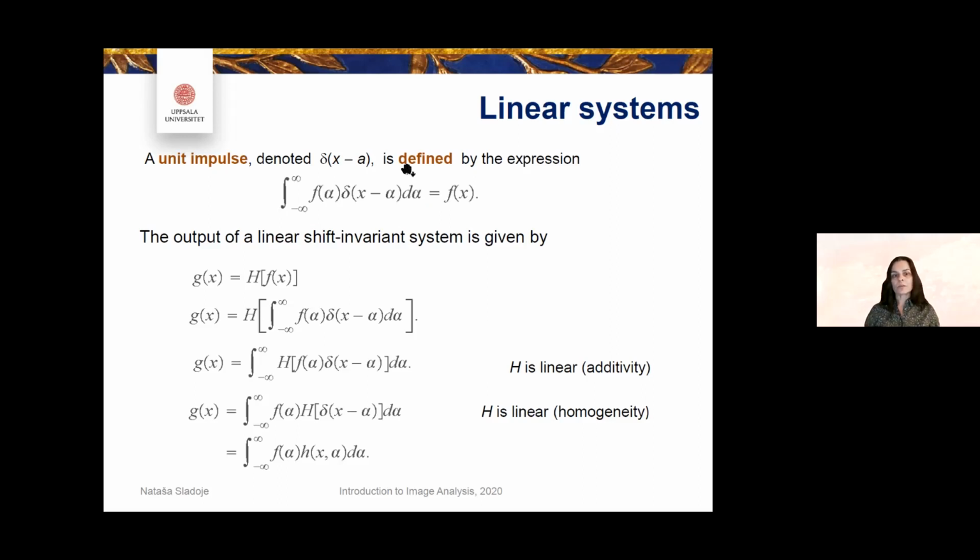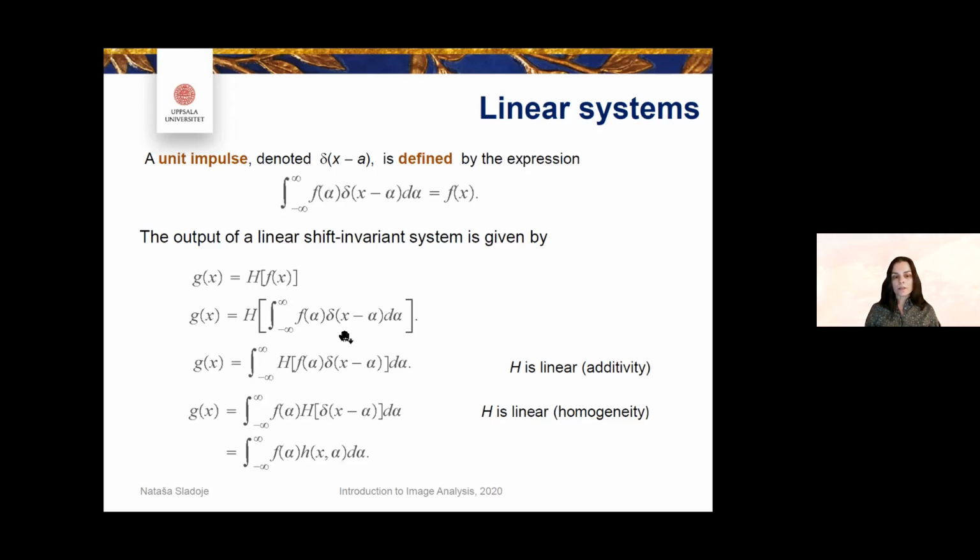That is a way to represent our function f, which we can then substitute into this degradation model that we are looking at. So then we have it expressed like this.